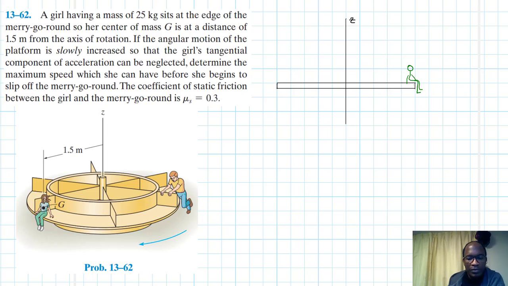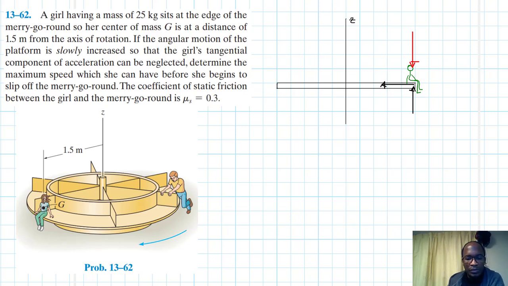So we have the friction force in that direction, and then we have the normal force in that direction, and then we have the weight of this person in that direction.